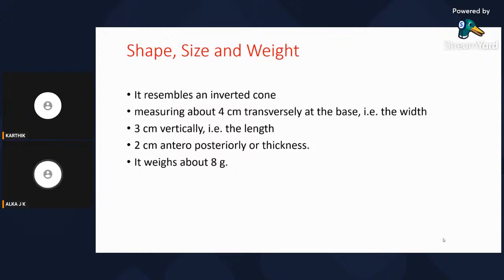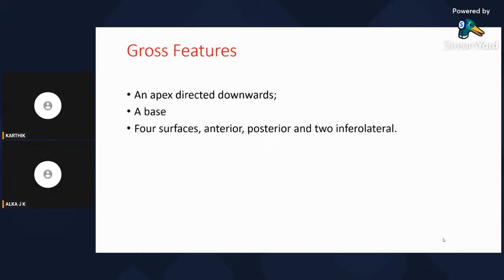So length is 3 centimeter, width is 4 centimeter, and thickness is 2 centimeter. So this is one of the organs in our body which has more width than length. Remaining organs, you know, pons, pituitary gland. You should remember this, it may come for MCQs. It weighs about 8 grams.